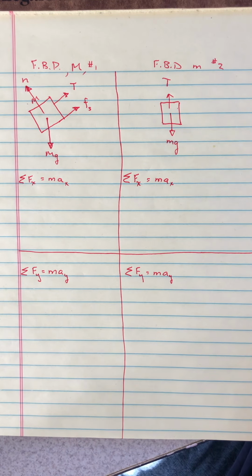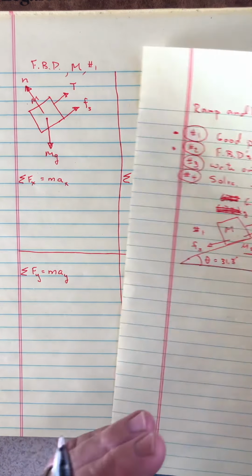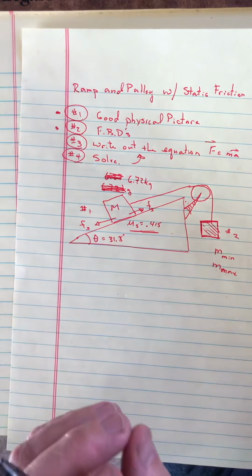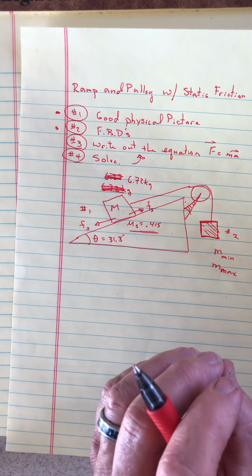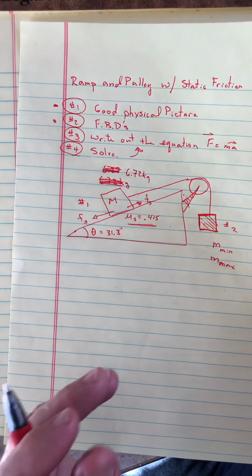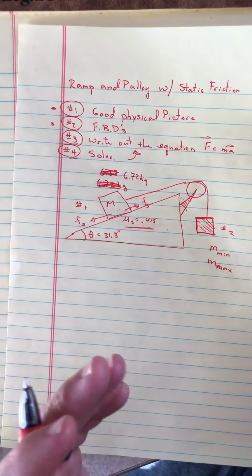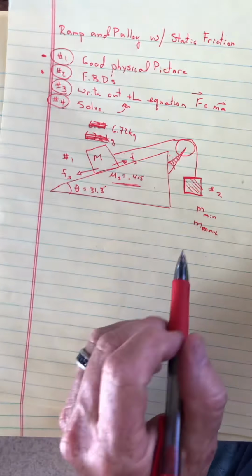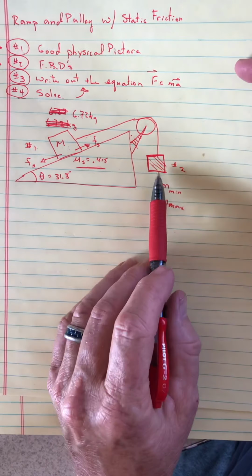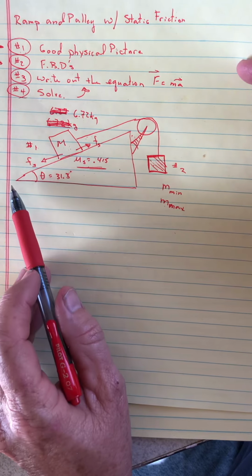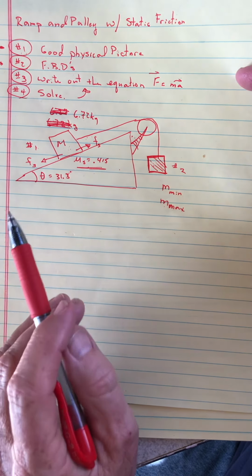So now this doesn't have an actual acceleration because we are going to set it up so that it doesn't move, but it's on the cusp of moving. That is, we're trying to find the minimum. That is, if this was any smaller, it would slightly go down the hill.